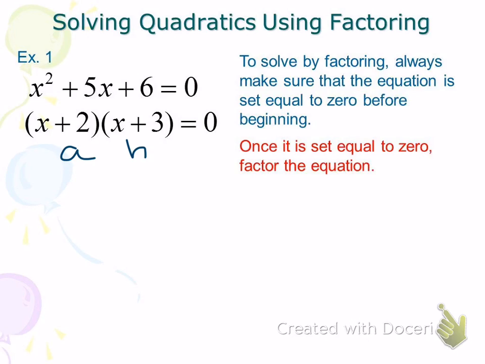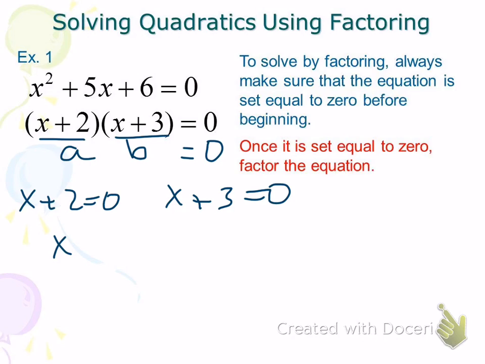Yes, A times B equals 0. We're multiplying binomials, but remember the grouping symbol, that's one thing and that's one thing. So if A times B equals 0, then either A equals 0 or B equals 0. And that means x equals -2 or x equals -3.